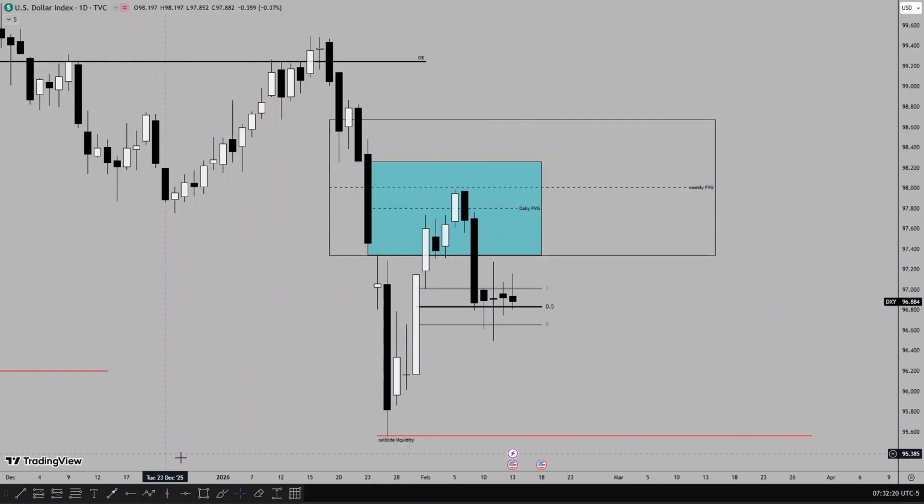Wednesday, retracement into this daily fair value gap, anticipating lower prices from the daily fair value gap, which on Wednesday respected it and closed below the daily fair value gap. Thursday was a ranging day within the range of Wednesday, and Friday took out Thursday's high and retraced lower.